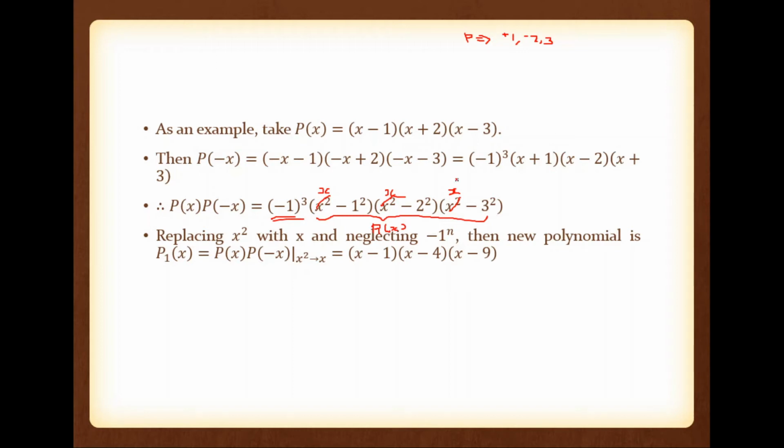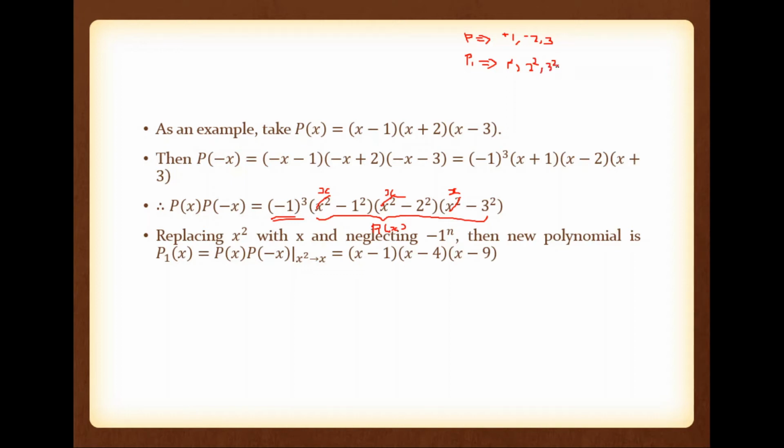Is it okay? So what are the roots? From this term, with P1 equal to P of x into P of minus x, where x square is replaced with x, the roots of P1 are 1 square, 2 square, 3 square.